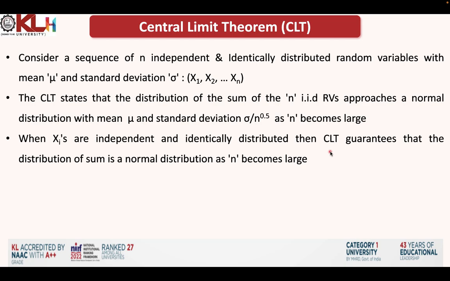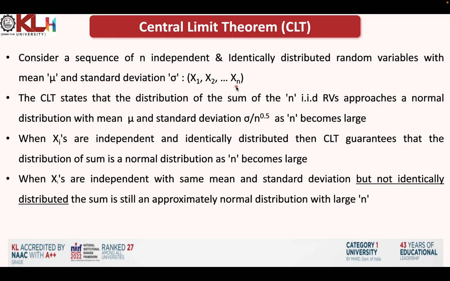Here we're considering the xi's to be from the same distribution, but even if they are not from the same distribution, as long as they're independent, the sum still approaches an approximate normal distribution with large n. So it's a very important concept that has many practical uses. The central limit theorem basically says that if you add a bunch of independent random variables, then you get a random variable that has a normal distribution.